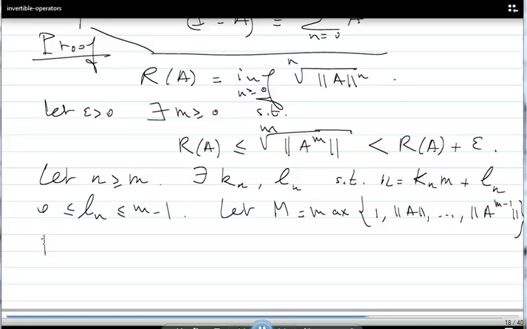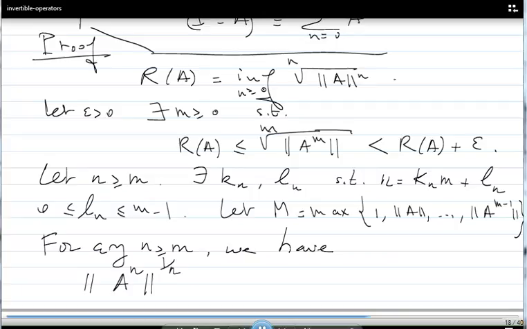For any n greater than m, we have the norm of A to the power n, to the power 1 over n. This is less or equal, of course it's equal, but let's put it that way just for the sake of the computation, the norm of A to the power k_n m plus l_n, to the power 1 over n.